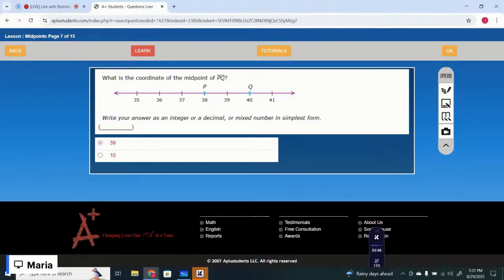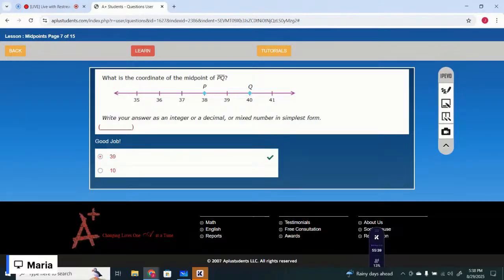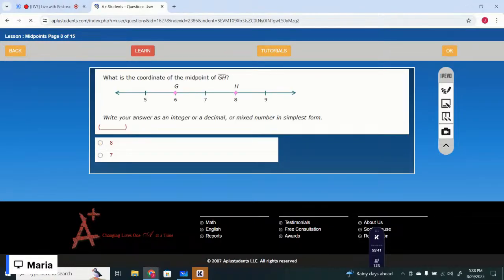That equals 39. Option number 1 is the correct option. What is the coordinate of the midpoint of GH?